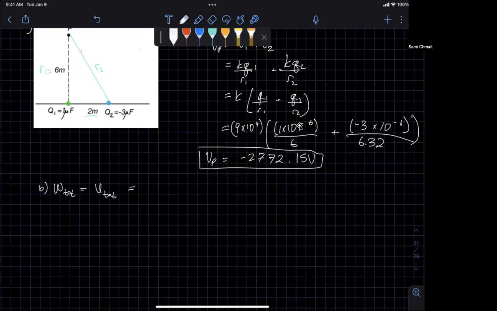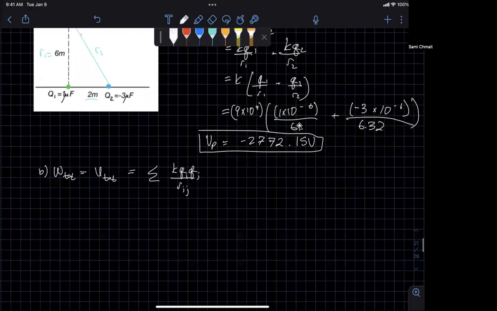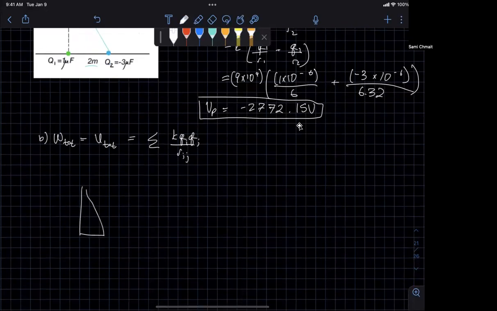Let me write the equation first. It's going to be equal to the sum of each charge that's interacting and then the distances between them. So you can call that I, call that J, and then the distance between I and J. It's kind of a weird looking equation, but let's see how to do this. So let's draw our triangle again.